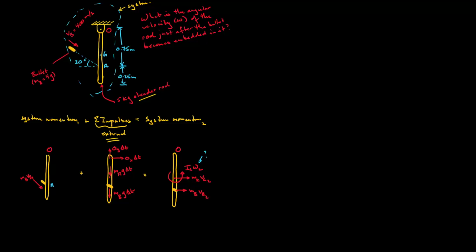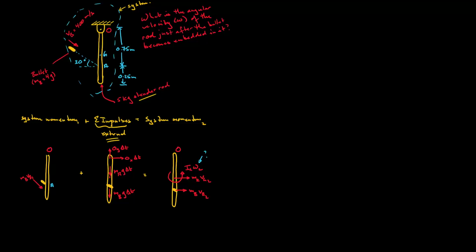And then we look at just after the bullet embeds itself, the combined rod and bullet will have acquired a new momentum. It can therefore be seen that there are no angular impulses on the system. So we see that all the forces acting are not causing any angular impulse. There is no moment being exerted about point O, for example.